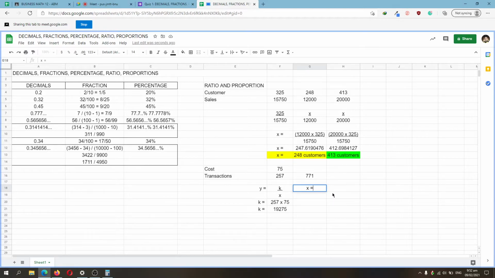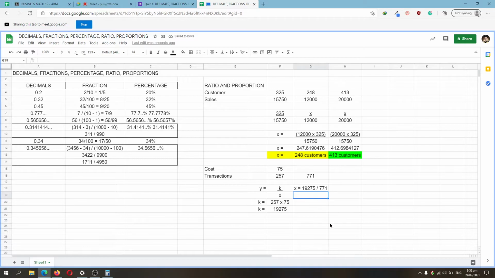So, para makuha natin itong x, X is equal to 19,275 divided by 771. So, yun yung ating given.